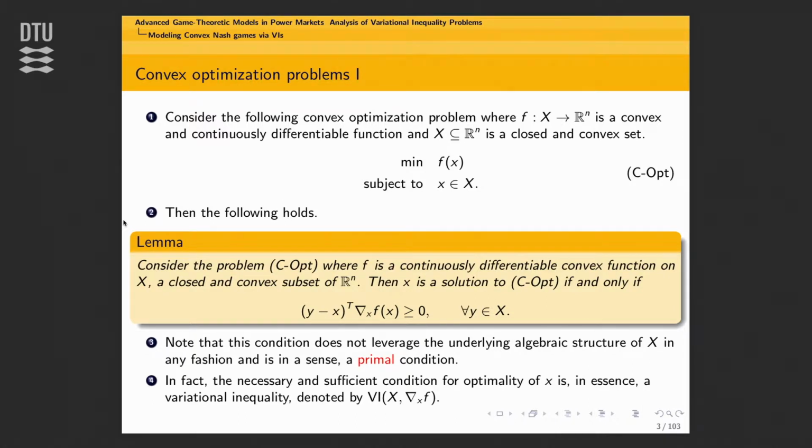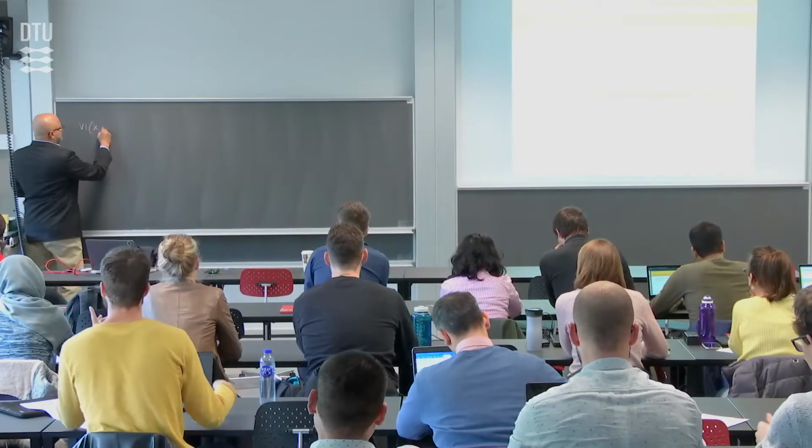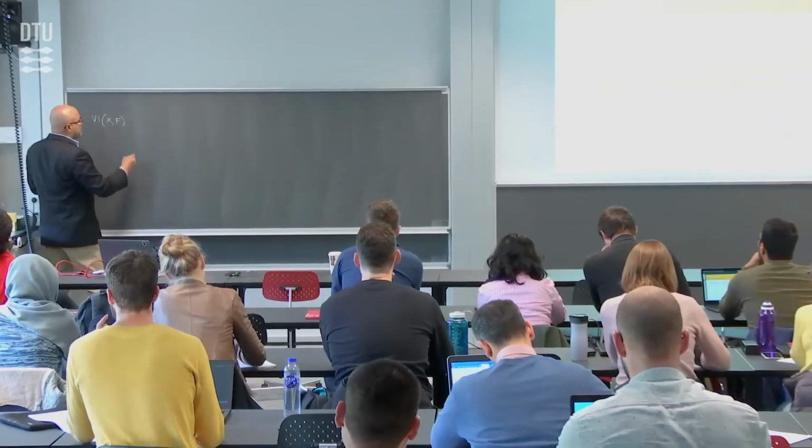So today we're going to look at the most fundamental object in all of these, which is the variational inequality problem. Just to remind you, VI(X, F) is the problem that we're going to be focusing on.